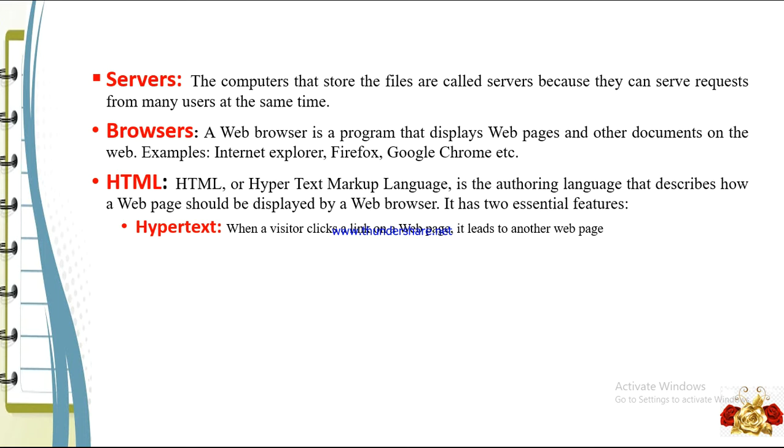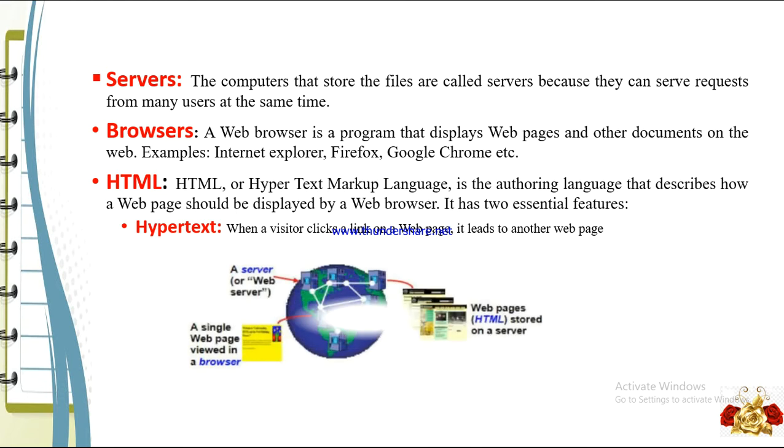HTML has two essential features. The first one is hypertext. Hypertext means that when a visitor clicks a link on a web page, it leads to another web page. See the diagram: you have the server. When a visitor clicks a particular link, a single web page is viewed in a browser from the web server.